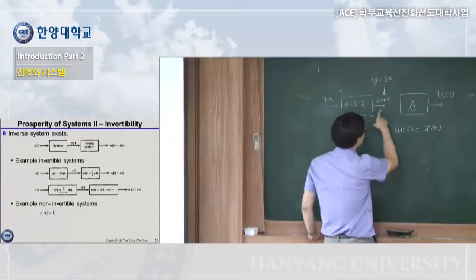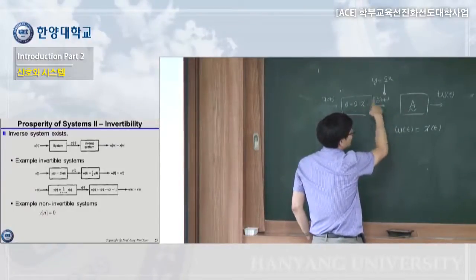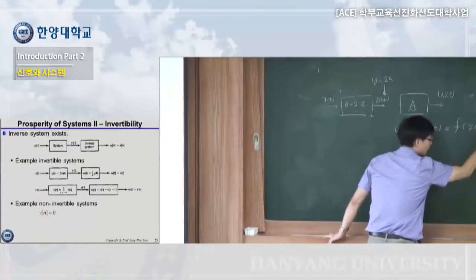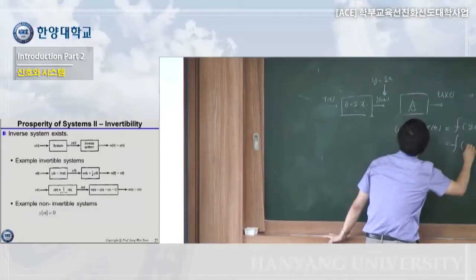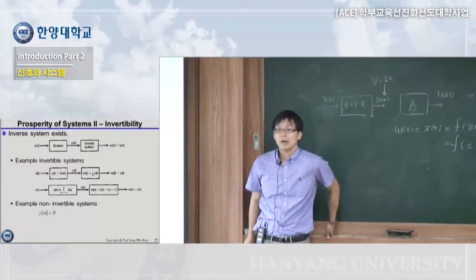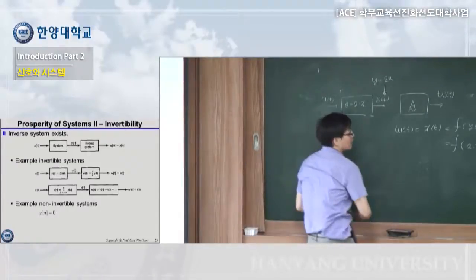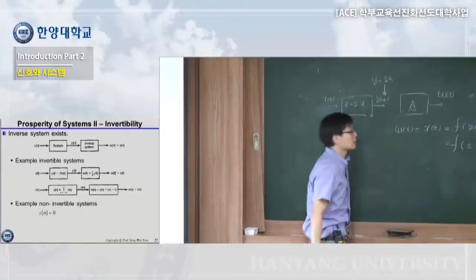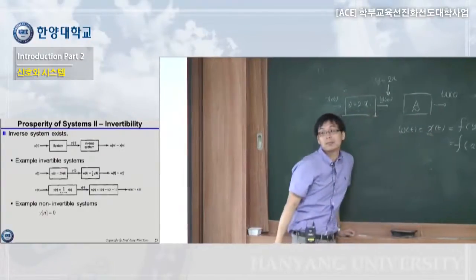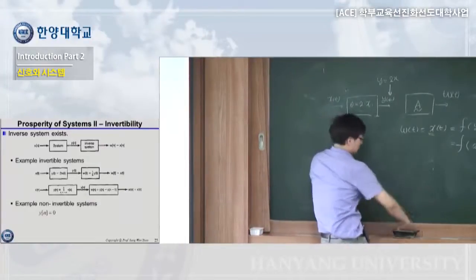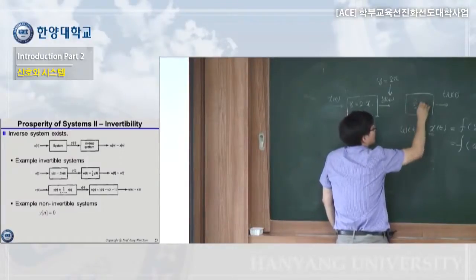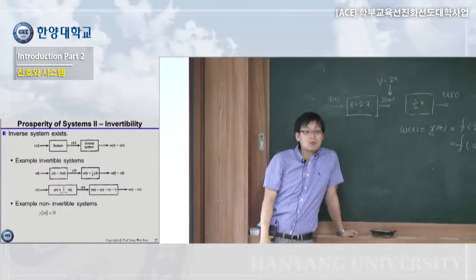And we know that this y, we need some function of y, and we know that this y is 2 times x. What kind of system can we think of to make this left side and right side the same? We multiply by half.